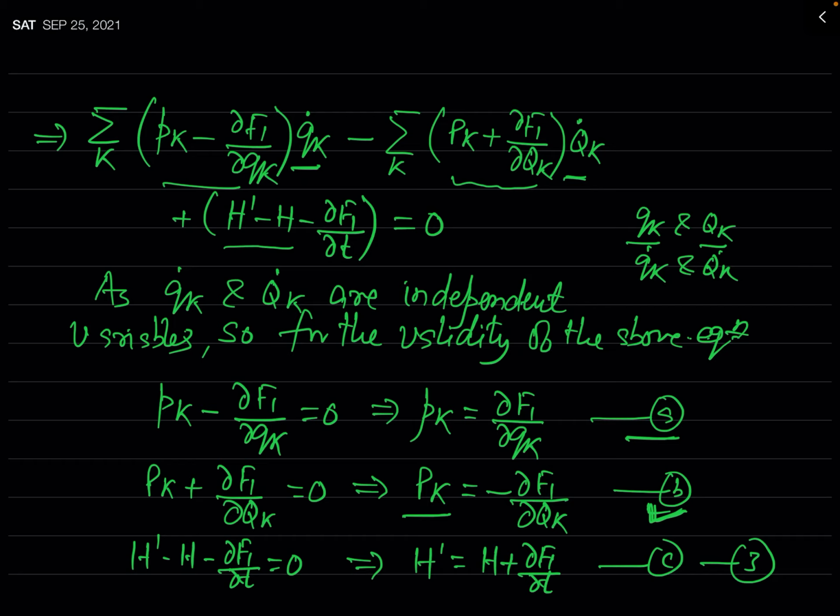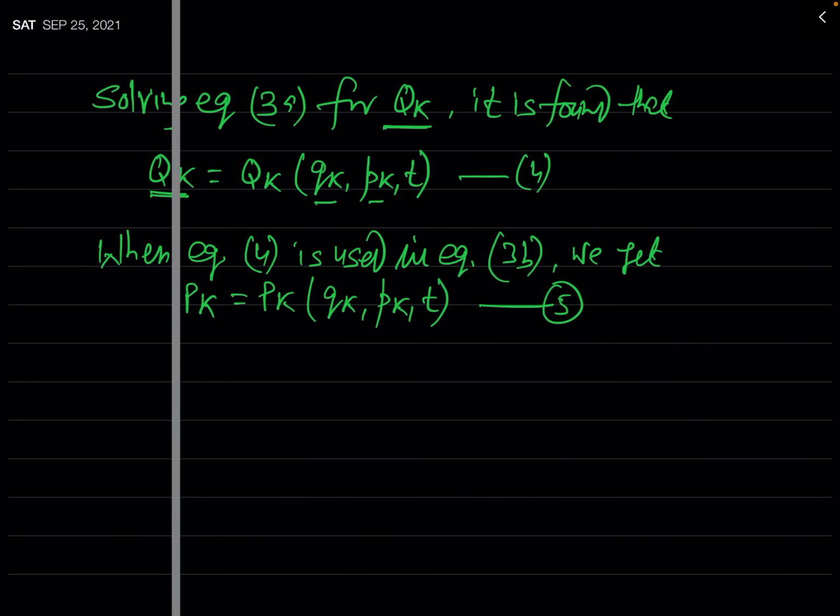So this is our starting equation. For the first form of generating function, you can write these two relations. After writing these two relations, first of all we will solve this equation 3a for capital Qk, and when we get the value of capital Qk, the same value will be substituted in equation 3b, and after that you will get the value of this capital Pk as you can see here.